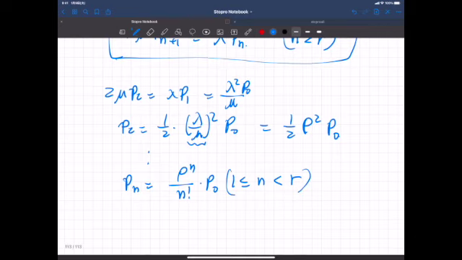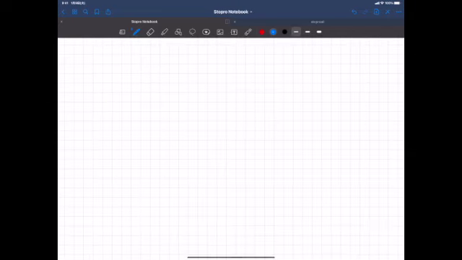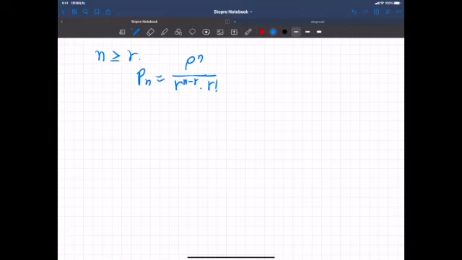Okay. And for n greater than or equal to r, you should try, and it should be p_n equals rho to the power of n divided by r to the power of n minus r and r factorial. So this r is a constant, times p0.